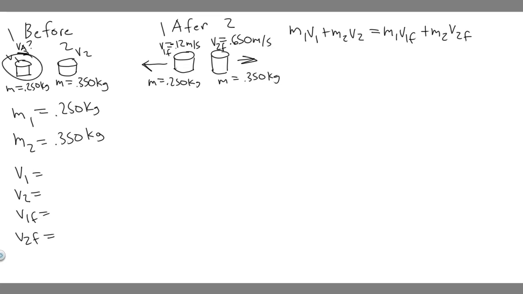That's what we're solving for in the first part, so let's write a question mark. v2, the velocity of puck B before it gets hit, is 0 meters per second, since they tell us it's at rest.